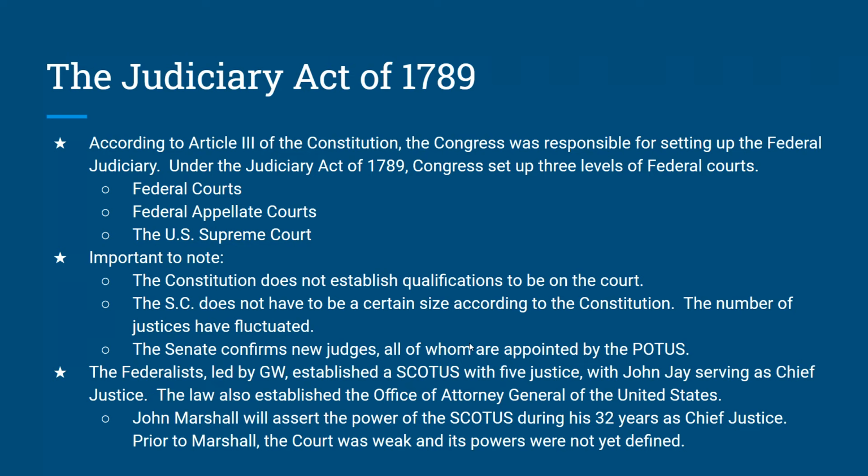The U.S. Supreme Court. Today in the United States, there are over 300 federal courts and about a little over a dozen appellate courts. Appellate courts are where decisions of the lower court can be appealed. You can appeal decisions to an appellate court.